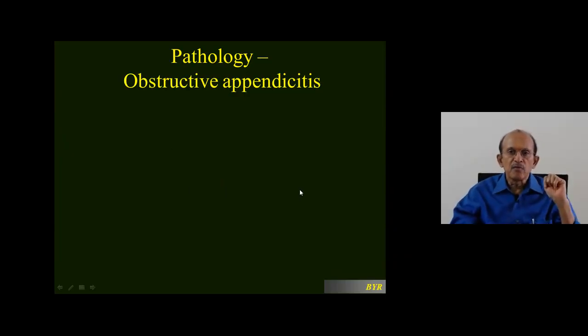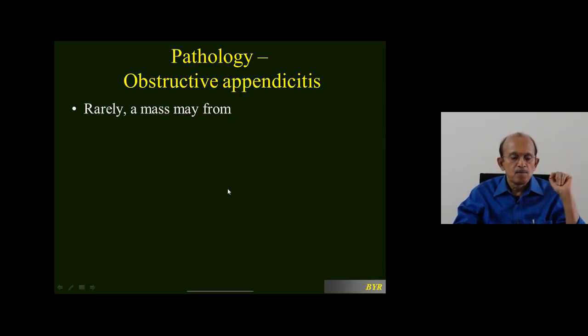Gangrene formation and perforation occur very early in this sequence of events. In catarrhal appendicitis, it takes about 48 hours to develop gangrene. In obstructive appendicitis, it takes only about 6 to 10 hours for gangrene to occur. So usually obstructive appendicitis manifests with generalized peritonitis because it's occurring early.